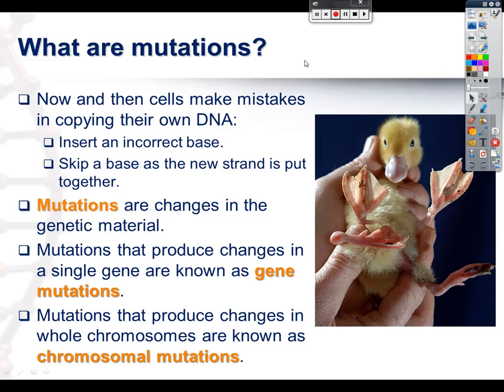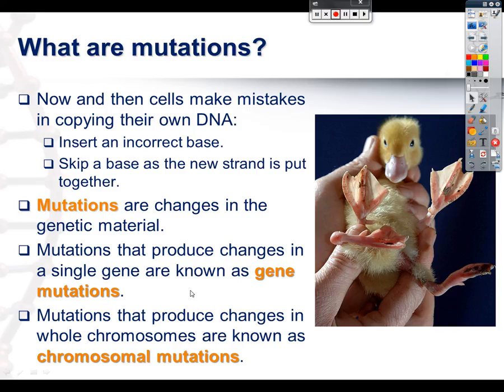So, like I said, cells are going to make mistakes. You can, for example, insert, you can skip, you can do things like that that are going to create mutations in the genetic materials. These are known as gene mutations. Okay?